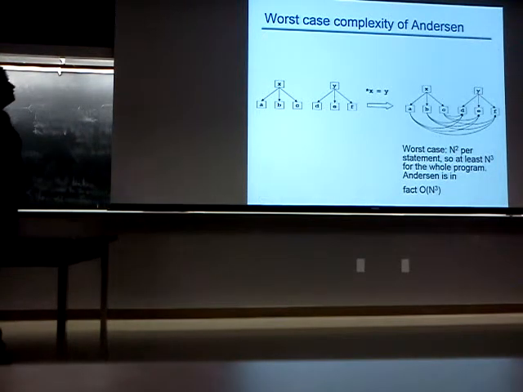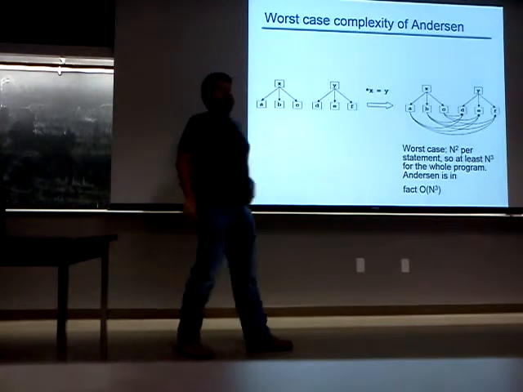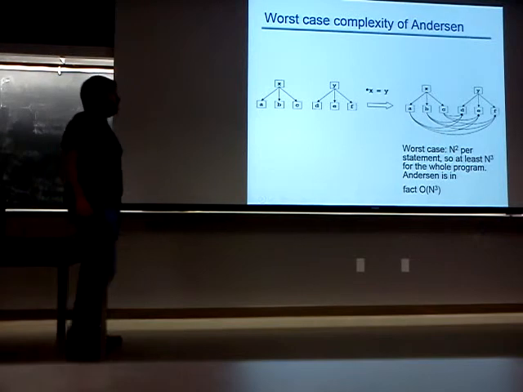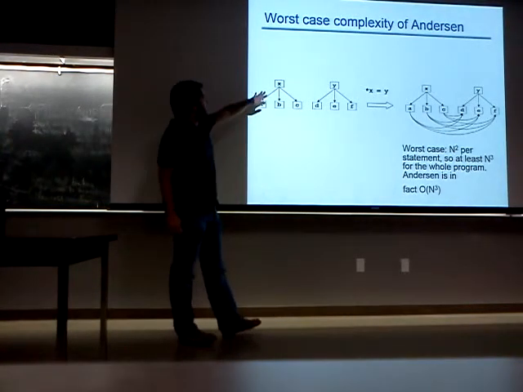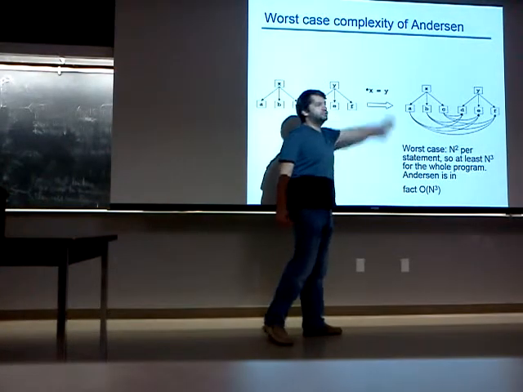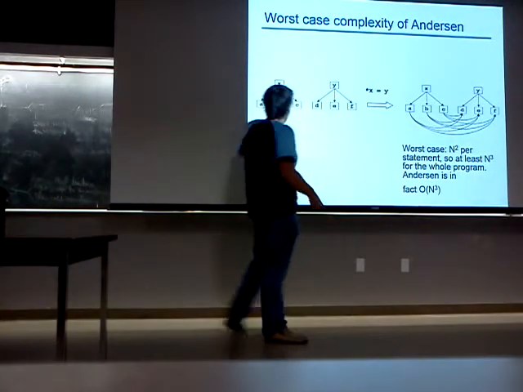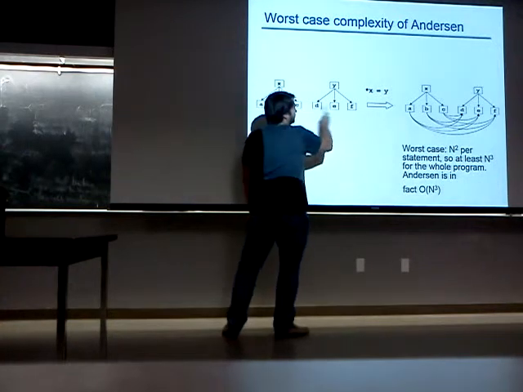Okay, so the worst-case complexity. When you actually look at the details, Andersen's worst-case complexity is relatively bad. If you have x pointing to a whole bunch of things and y pointing to a whole bunch of things, and you do star x equals y, you're going to have to go through all the things that x points to and add edges between all of these things.